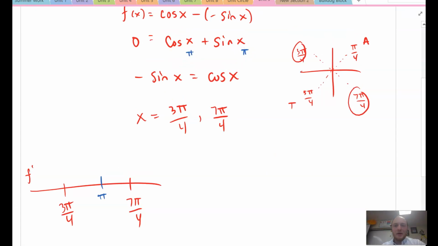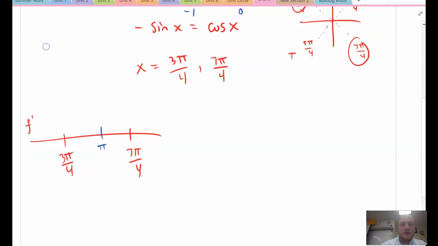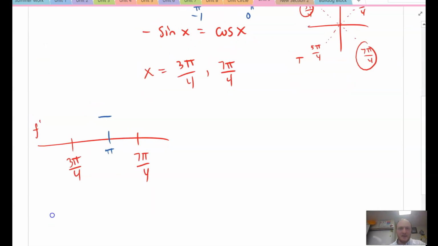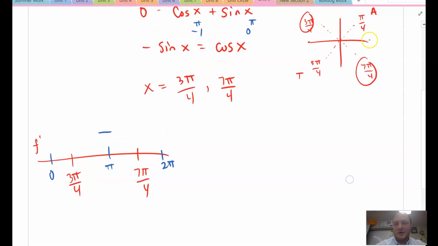Cosine of pi is negative 1, and sine of pi is 0, so negative 1. So this is negative. And then what happens if I plug in 0, and also 2 pi? That's going to give me a positive 1, so this is positive and positive.